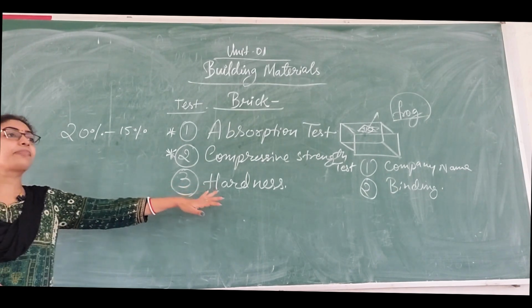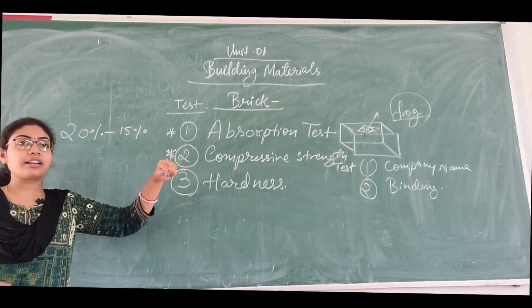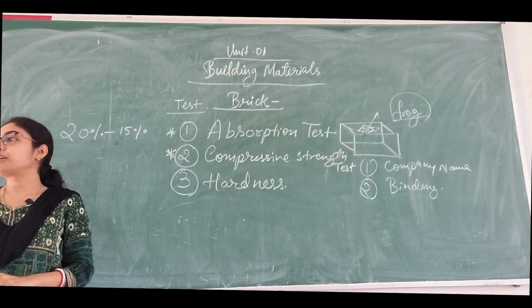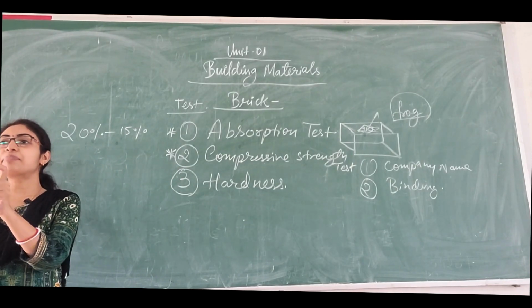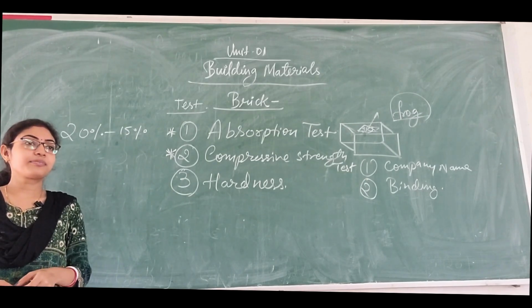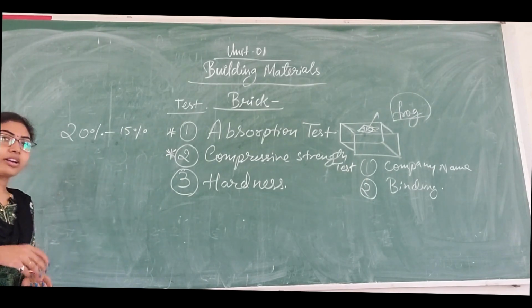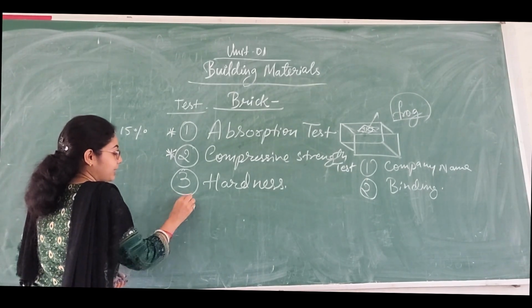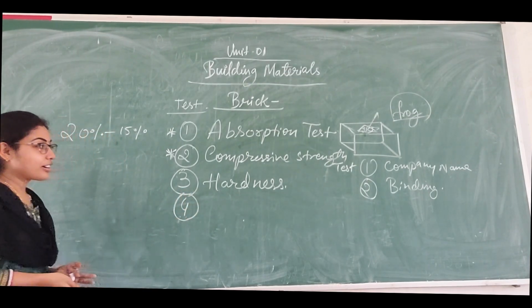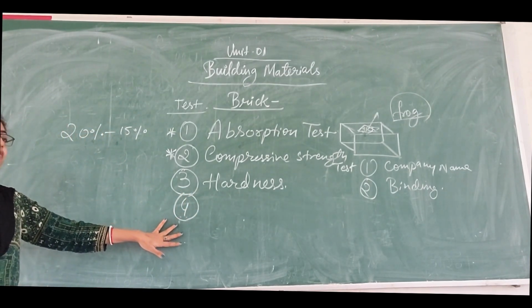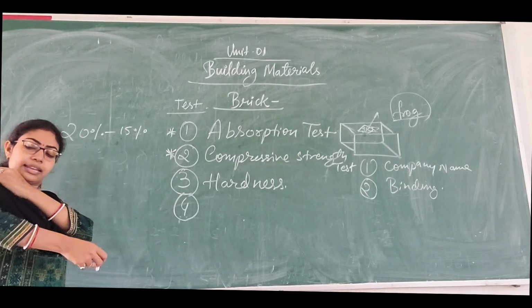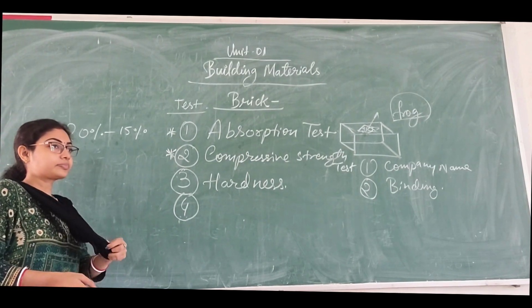If there is no impression on the brick from a fingernail scratch, then that brick is hard. So it is a simple test of brick hardness. Okay, boys can also do it, boys nowadays also keep long nails. Now what is next after hardness? Can anybody guess what is next?